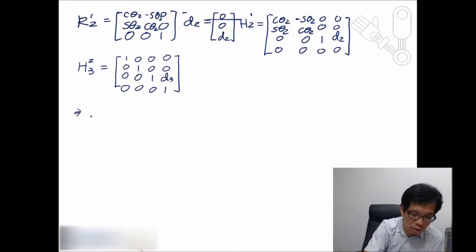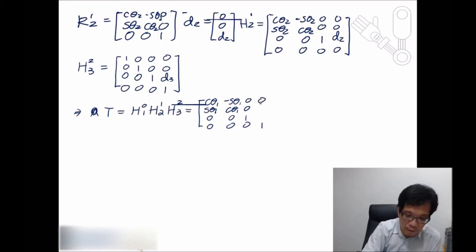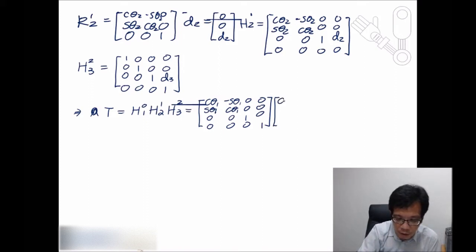So the transformation matrix is going to be the combination of everything.